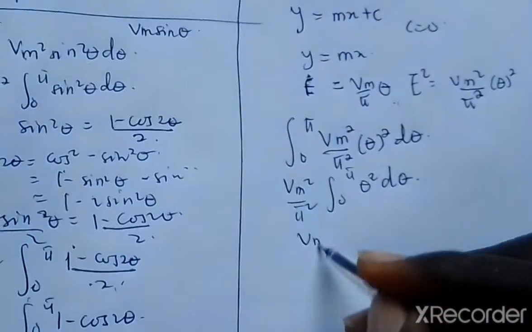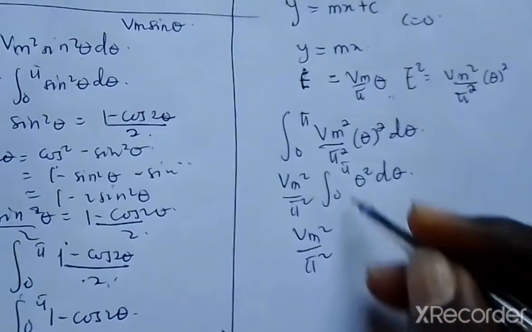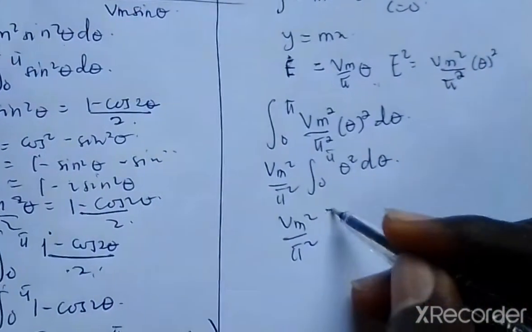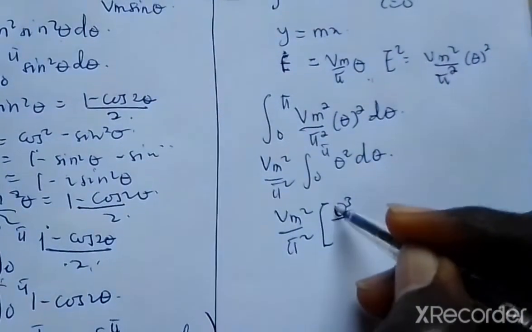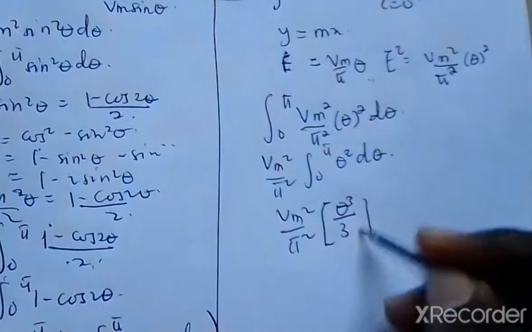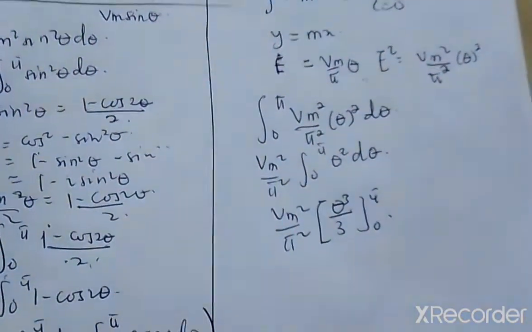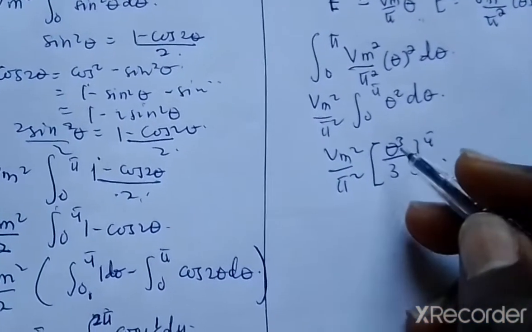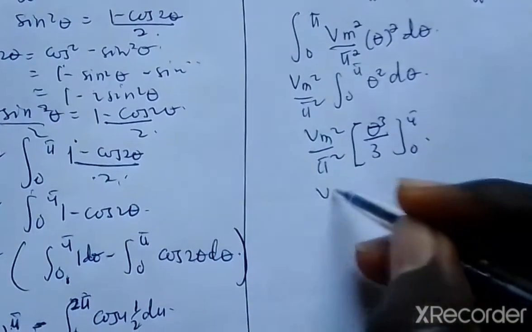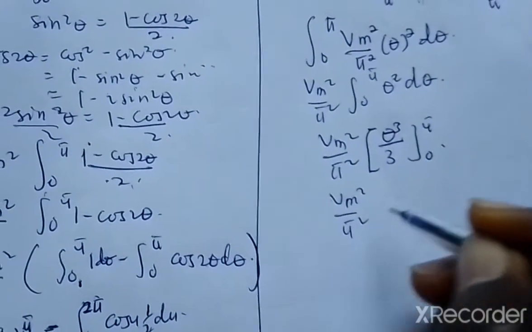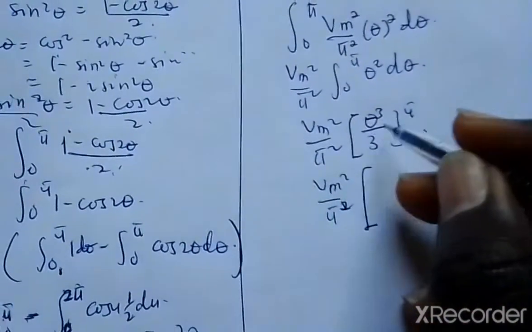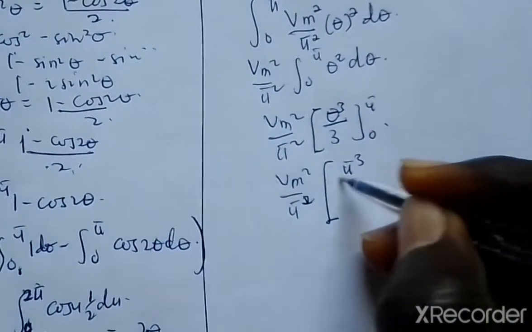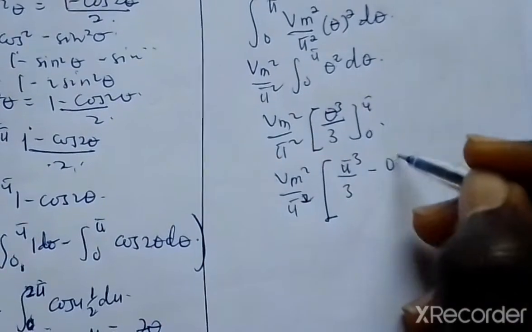Now in integration, you add 1 to the power and divide by the resulting value. So you get Vm squared over pi squared. If I add 1 to the 2, I get 3, so I'll divide through by 3. So I get theta cube over 3, from 0 to pi. Putting the upper and the lower limit, I'll get Vm squared over pi squared times pi cube over 3 minus 0 cube over 3.